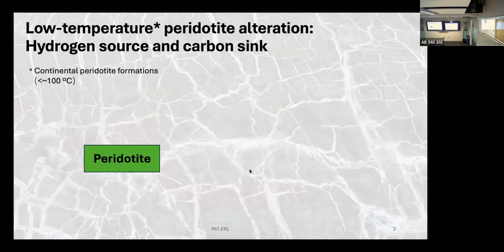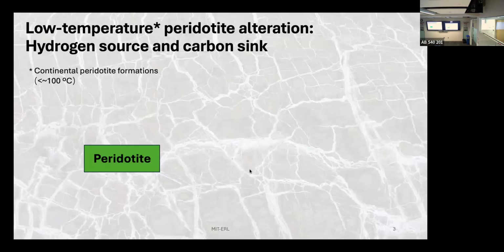Okay, now let's jump right into it. Peridotite is the main constituent of Earth's upper mantle and is one of the most abundant rock types in the solar system. It typically resides in the deep interior of planets, where it's high pressure and high temperature.